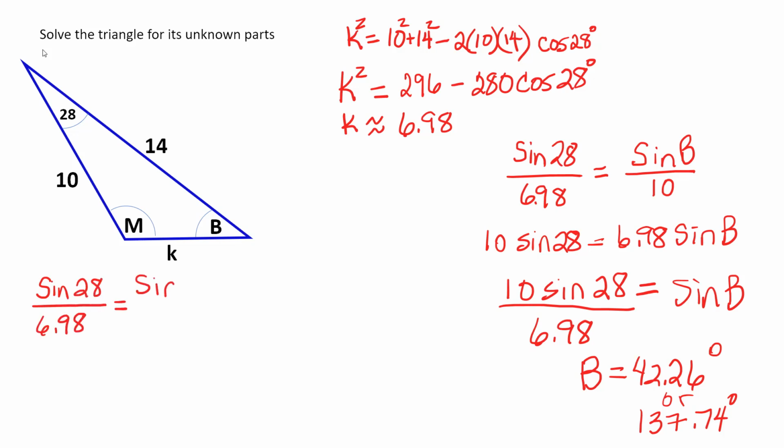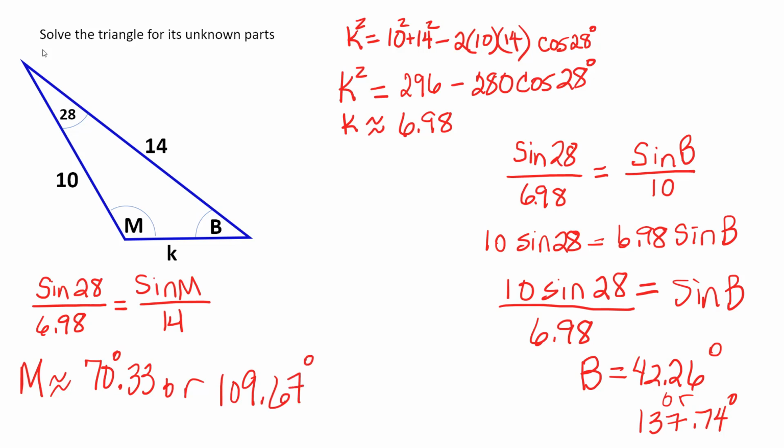Sine 28 over 6.98 equals sine m over 14. If we cross multiply here and punch it into the calculator, take the inverse sine, we get that m is 70.33, or it could be 180 minus that, which is 109.67. Now, clearly it's obtuse.